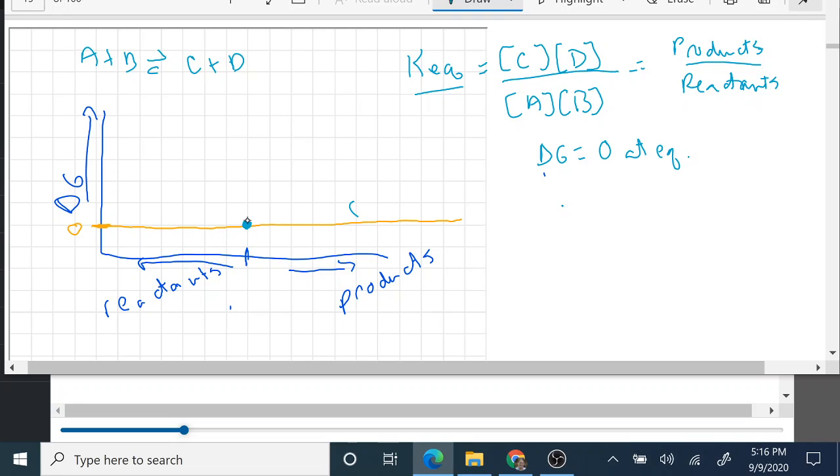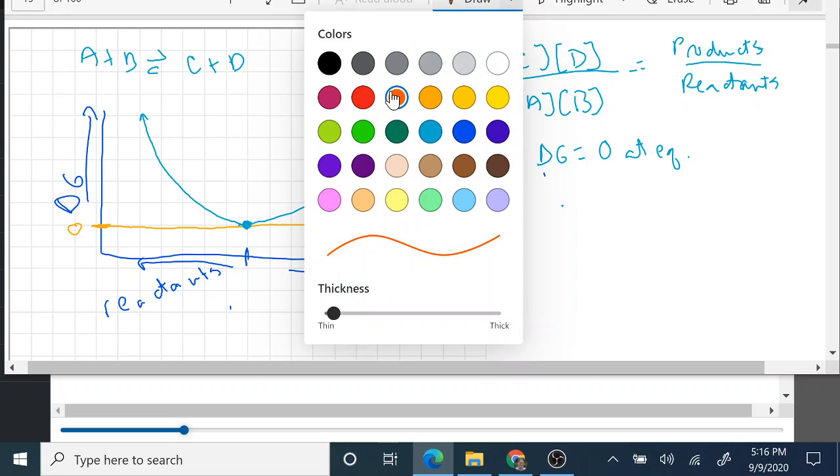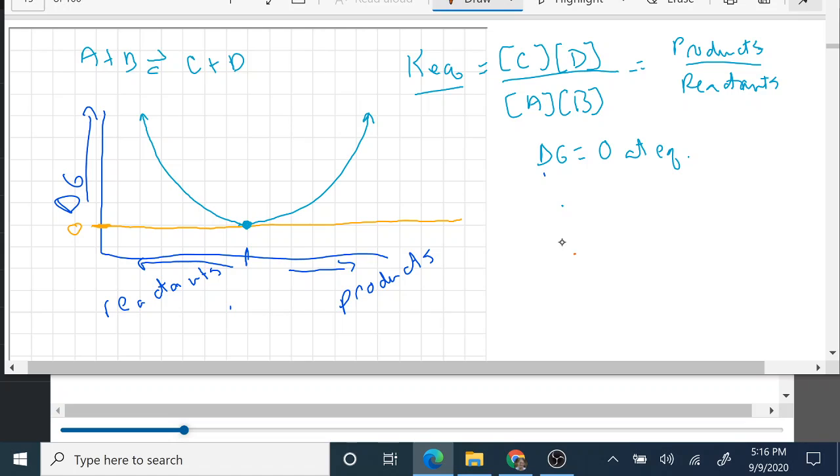And as we move away from equilibrium, as we increase our reactants, our delta G is going to increase. And as we increase our products, our delta G is going to increase. So we get this parabolic curve for these reactions. Now it may be a shallower parabola or a wider parabola, it doesn't matter. I'm just saying theoretically.